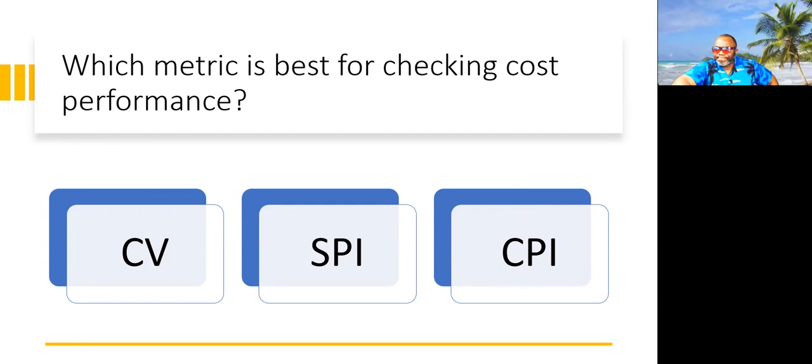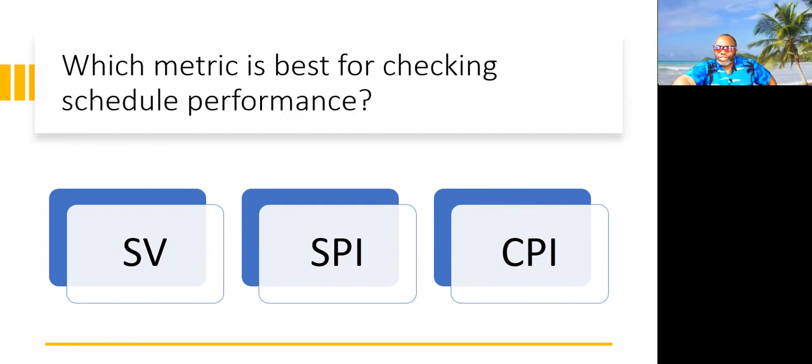Here's your next one. Which metric is best for checking schedule performance? 3, 2, and 1. All right, so for schedule performance, you knew it wasn't that. And based on what I told you, performance, that's a trick. It's not schedule variance because schedule variance just shows us a variance.